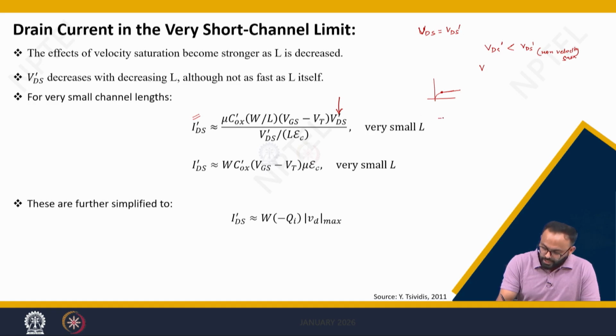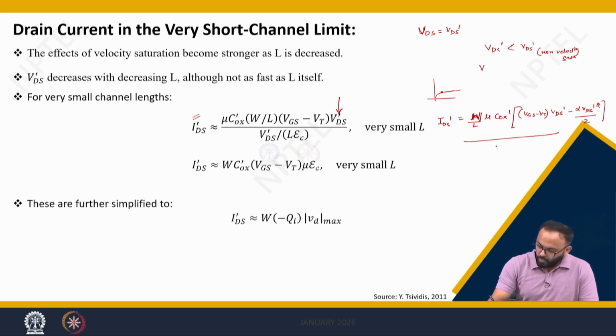So, I can simply write Ids dash equals W divided by L into mu into Cox dash into (Vgs minus Vt) into Vds dash minus alpha into Vds dash square divided by 2, all divided by 1 plus Vds dash divided by Ec into L. Now, as Vds dash is very small, you can ignore this factor.